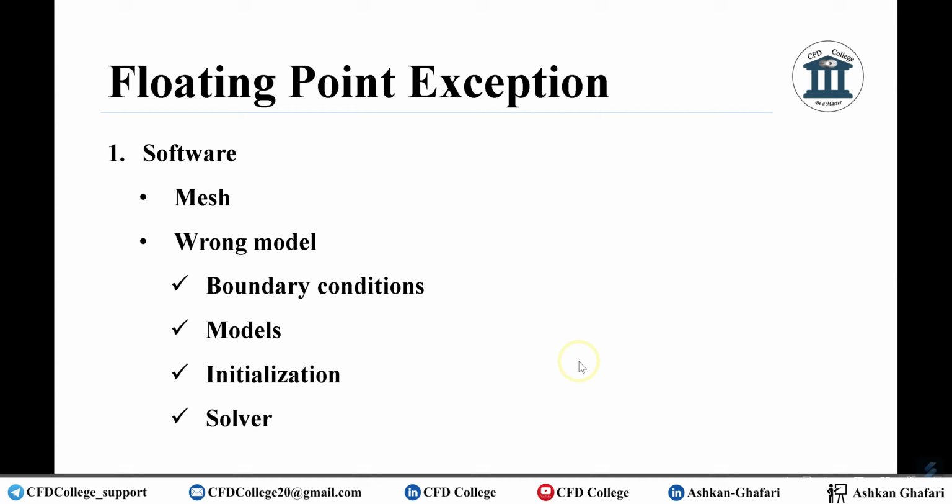If you don't have a good mesh, you can't do anything. You can't do a miracle in ANSYS Fluent, or even in other software like Star CCM, like CFX. Mesh is so important in terms of accuracy and also convergence of your project.